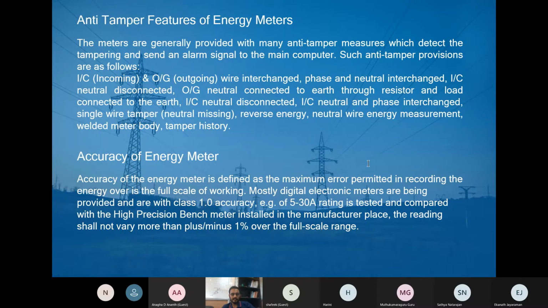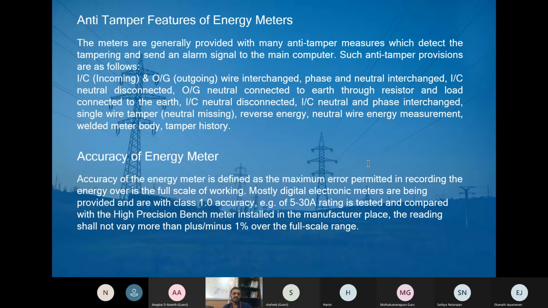Anti-tamper features of energy meters. This is one of the quite important topics. The meters are generally provided with many anti-tamper measures which detect tampering and send an alarm to the main computer.